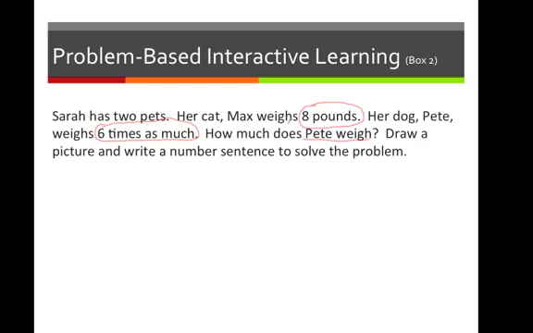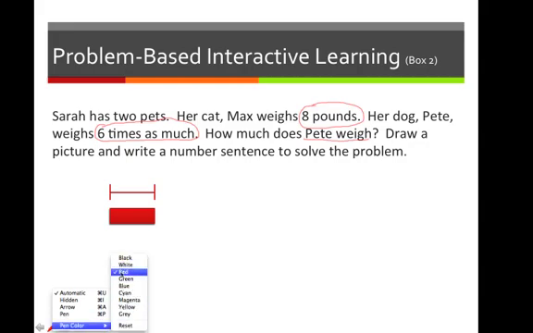Now I need to take this information and pull it out of the problem so I can work with it. I'm going to begin by making a bar, which is my picture, of the 8 pounds that Max weighs. So there's my bar, and I'm going to label it 8 pounds.